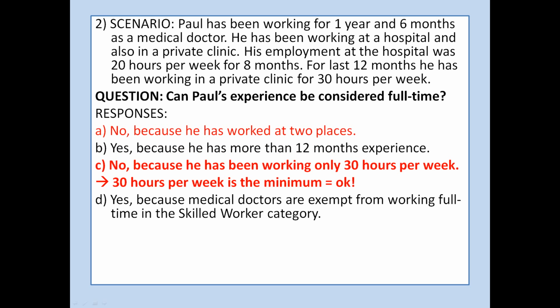C is incorrect as well. So 30 hours per week is the minimum, and that's not a problem at all. When they wrote this question, it used to be a little bit higher, but it's been reduced to 30. And that's why that answer is incorrect.